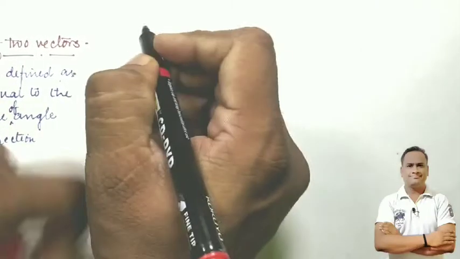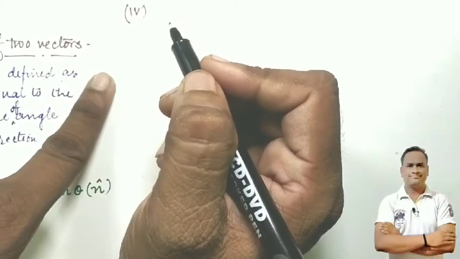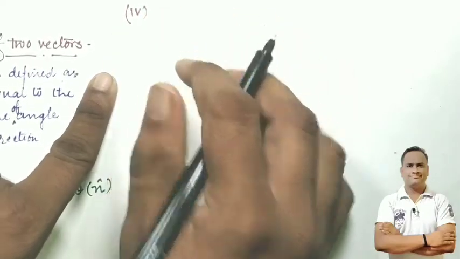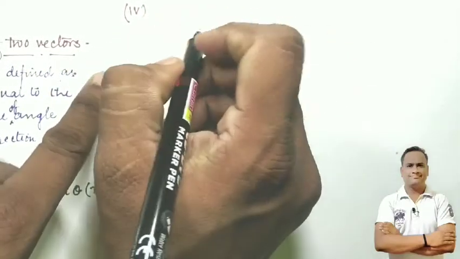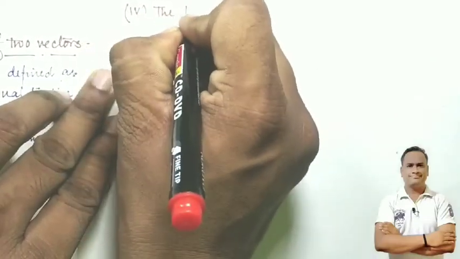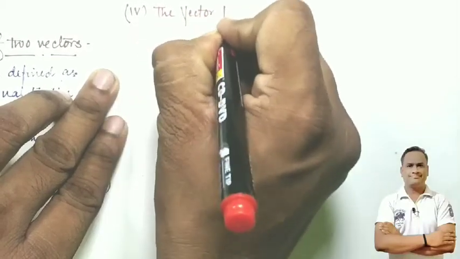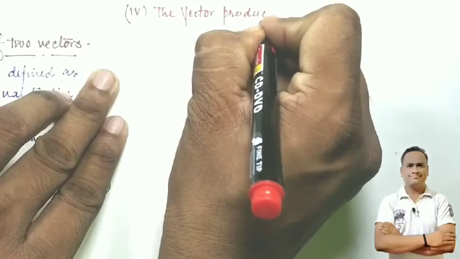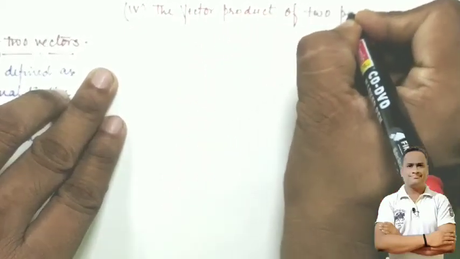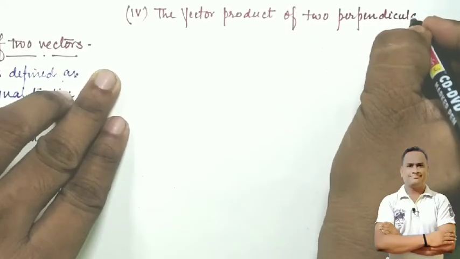So now we are going to discuss the fourth property of the vector product. Here I am writing: the vector product of two perpendicular vectors.